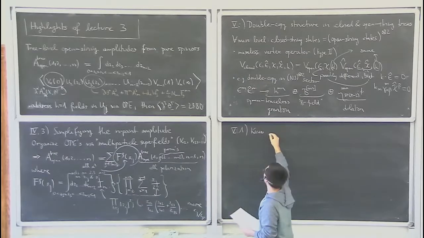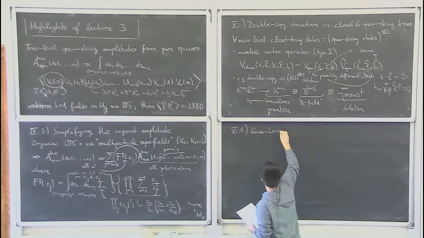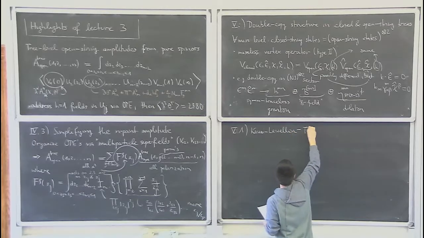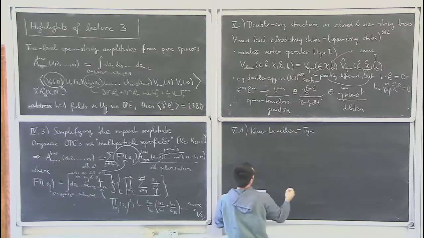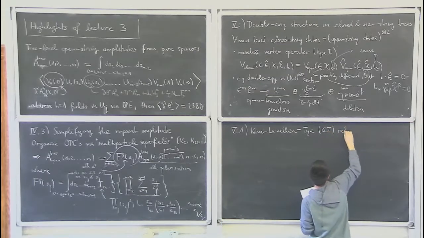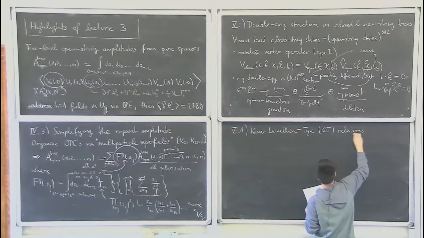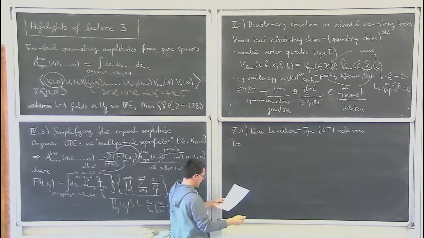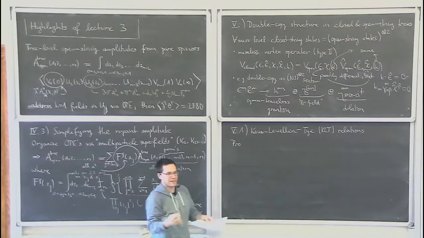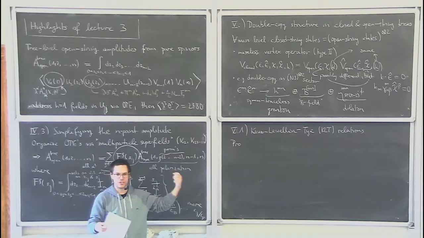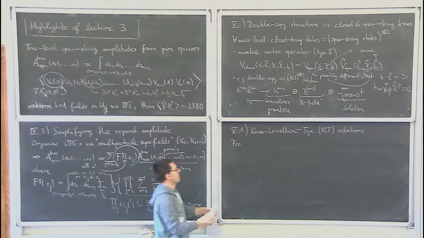Yeah, so maybe the virtues of this approach become more apparent if I spell out the KLT relations, which fix closed string trees in terms of open string trees, at least the traditional way of doing so. So the rough idea of KLT is we have just seen that the spectrum can be represented in a form that closed string on-shell states are a double copy of open string on-shell states.